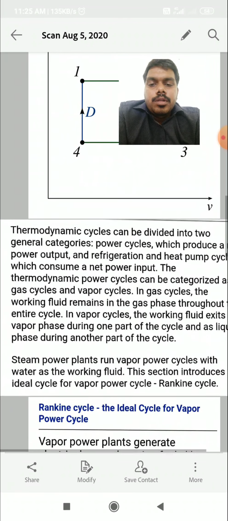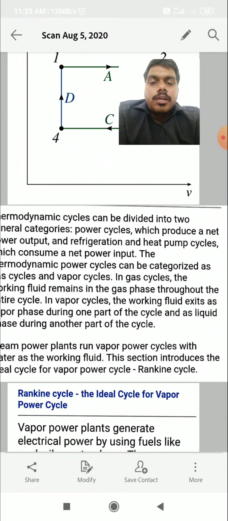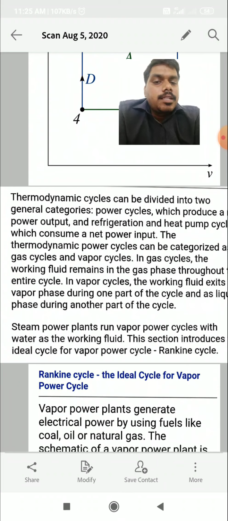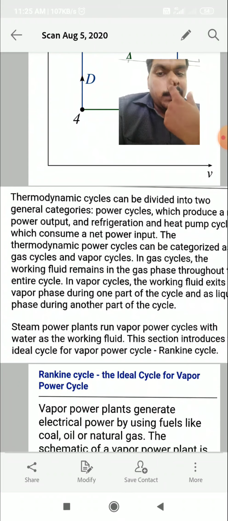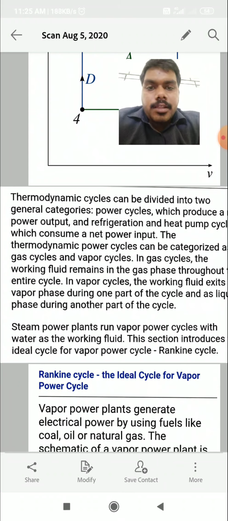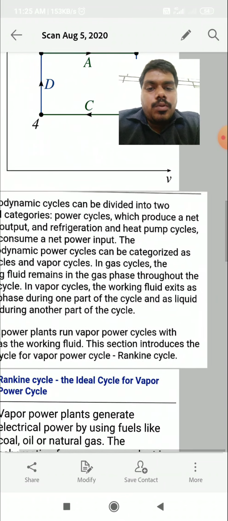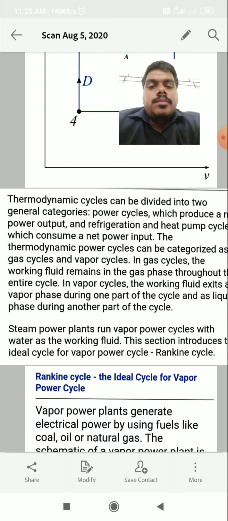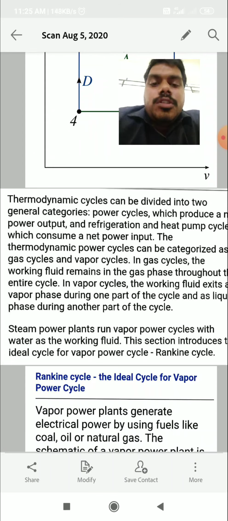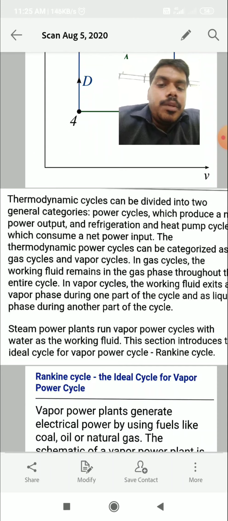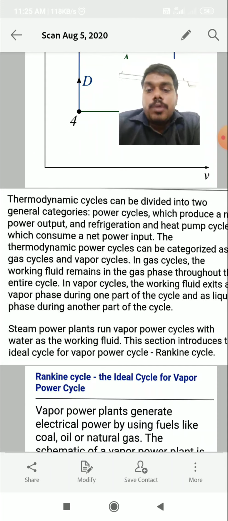The thermodynamic power cycle can be categorized as gas cycle and vapor cycle. In a gas cycle, the working fluid remains in the gas phase throughout the entire cycle. Means, as the name suggests, the fluid will be in the gas phase only throughout the cycle.